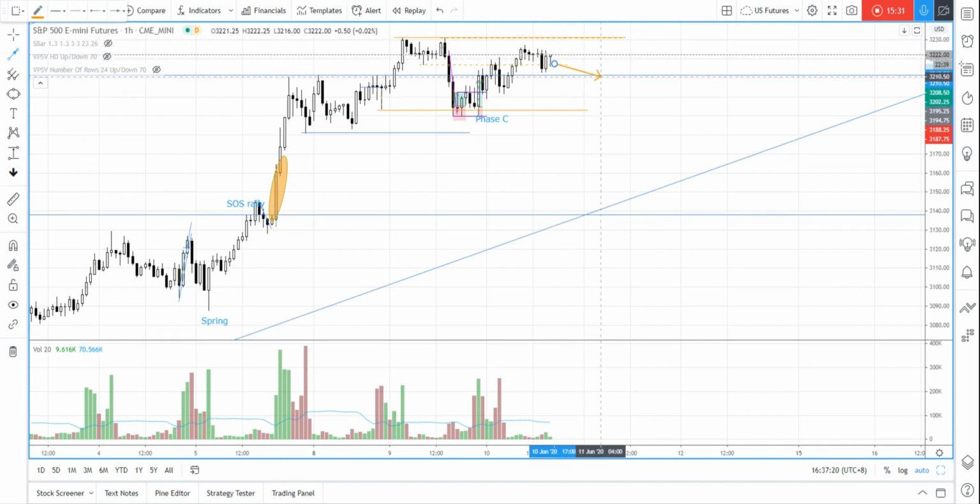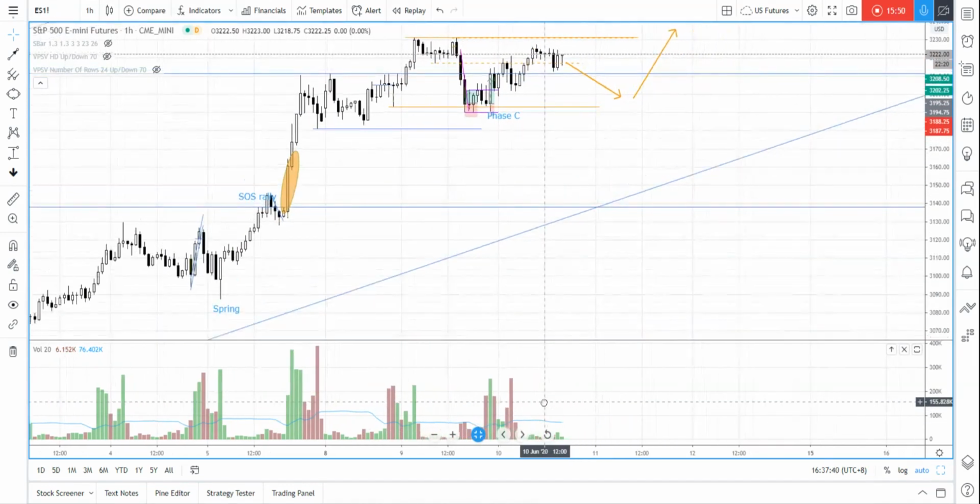So I anticipate maybe to spend some time within the trading range and eventually to break out and to resolve higher. So what I would like to see is to have a supply absorption further with decreasing volume.